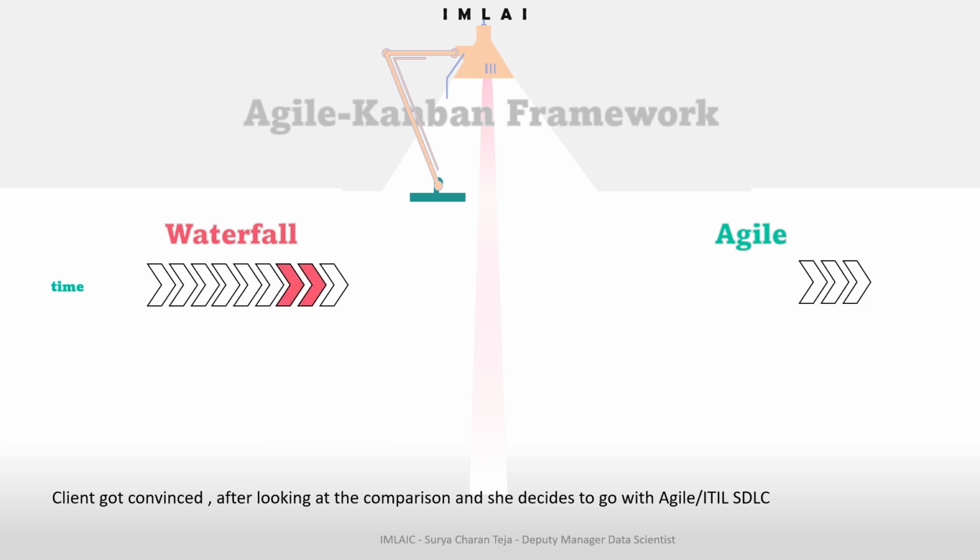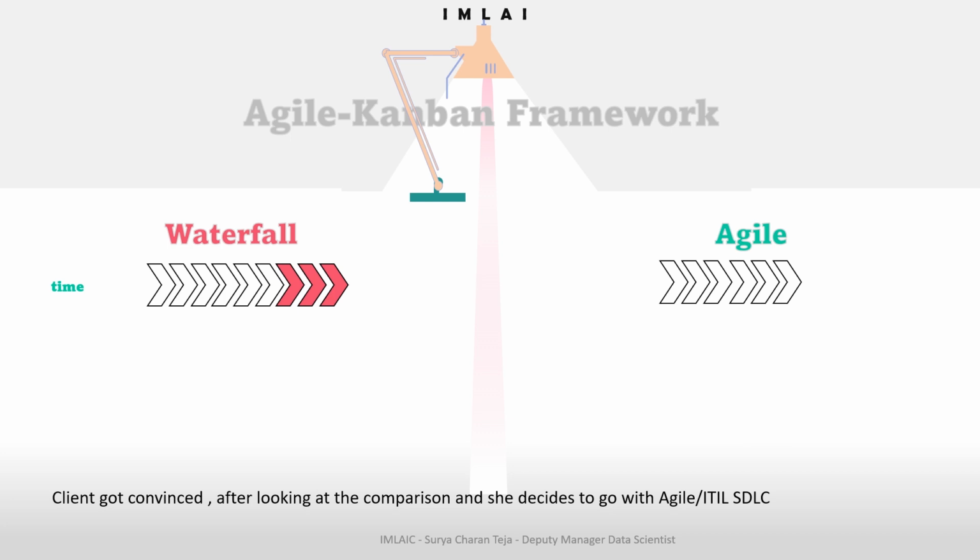In waterfall it takes more time, whereas in agile it takes less time because of the sprints that we are going to use and because of continuous collaboration. The application development is also sprint-wise, and we develop based on features.